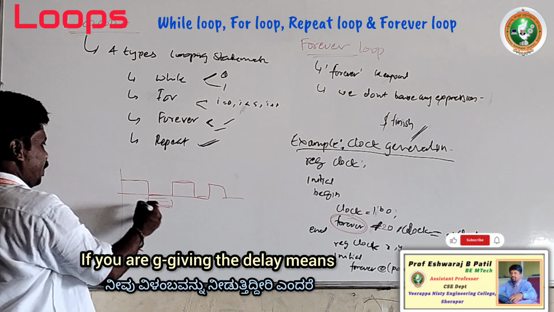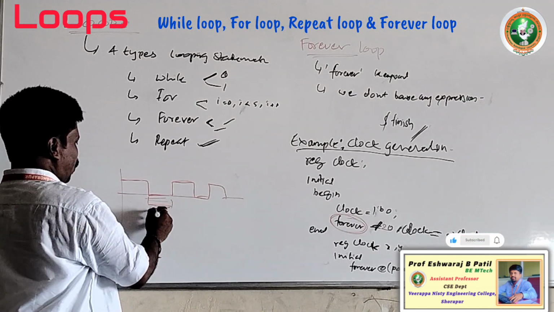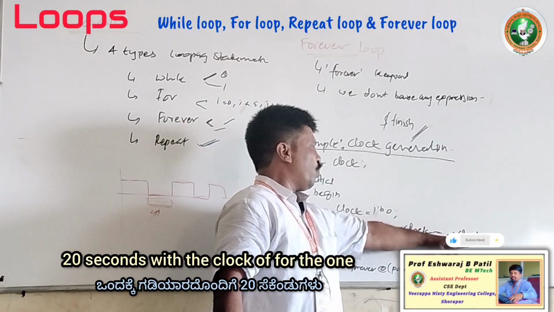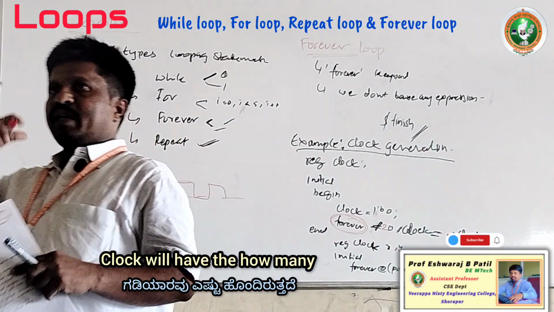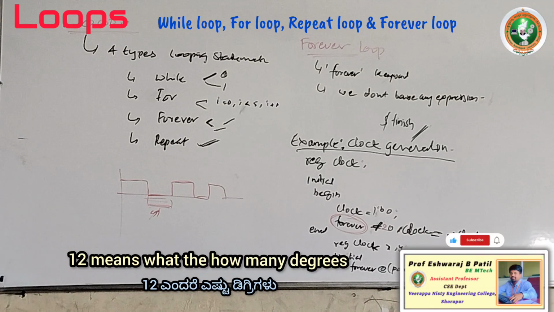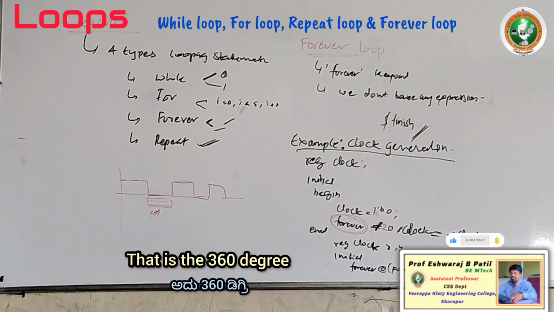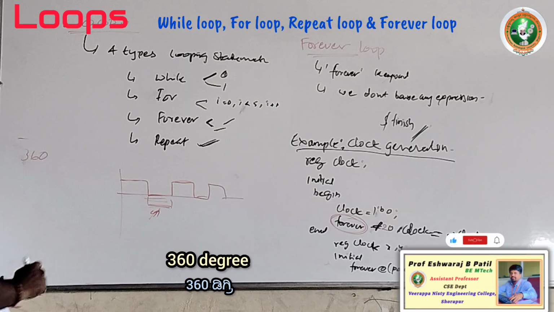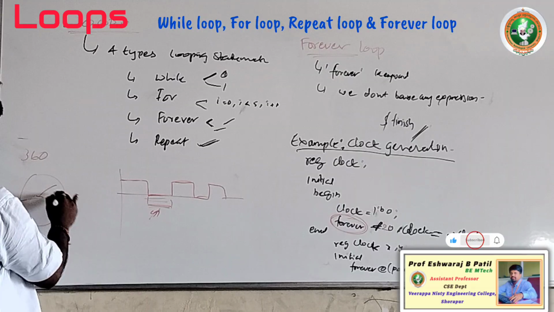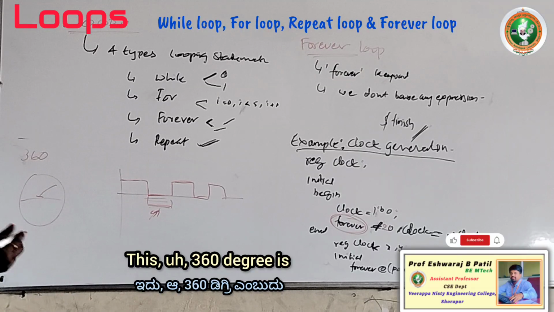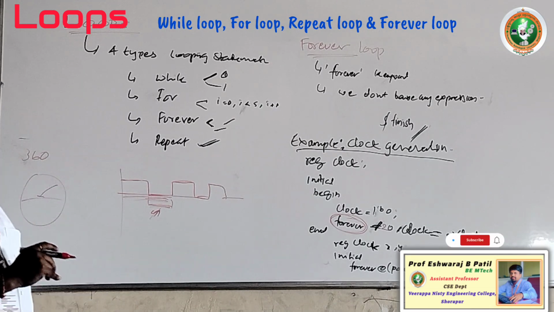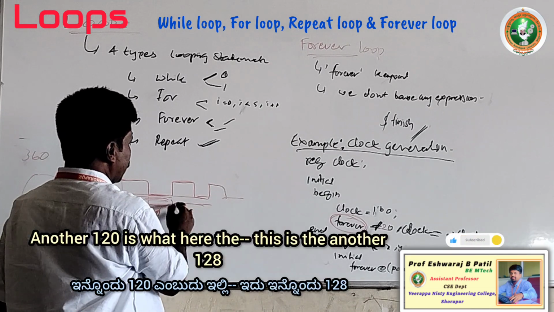If you are giving the delay, it means we are generating the clock here, the delay is 20 with the clock of 1. The clock will have how many degrees? That is 360 degrees. This 360 degrees is made of the first 180 and another 180.